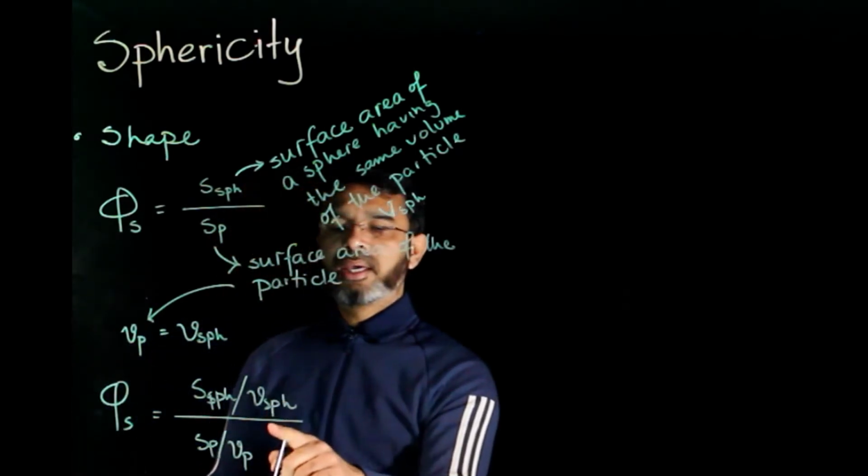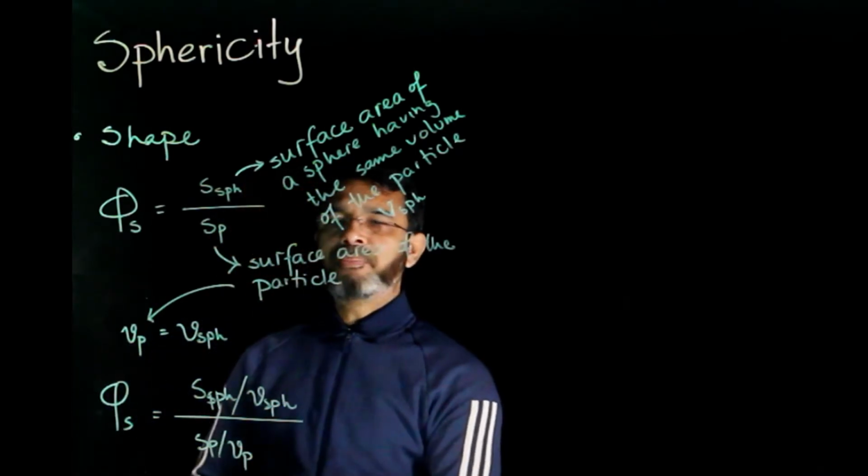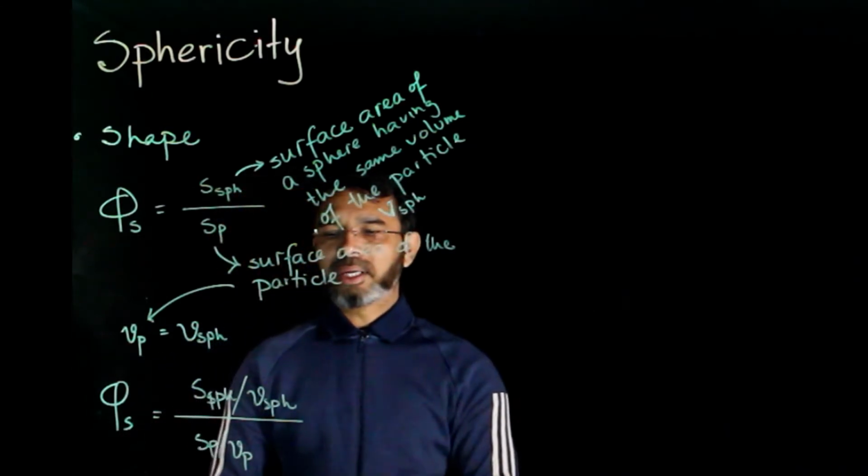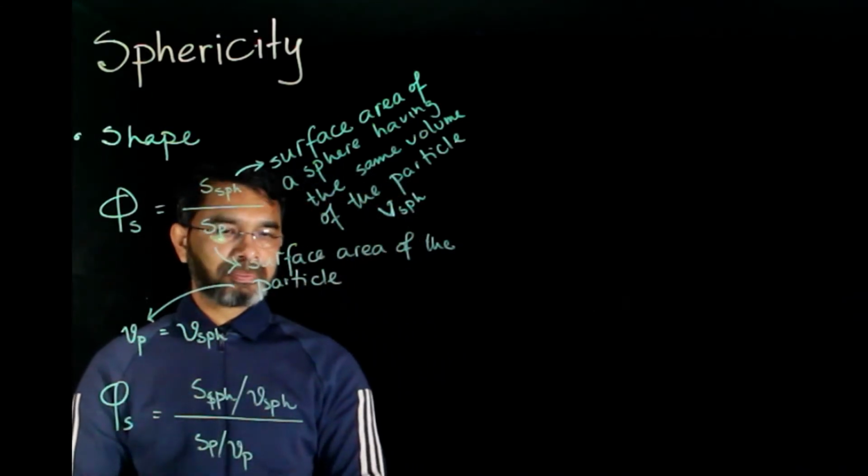Because Vsph and Vp are the same, you can divide by this number and we get this definition like this.